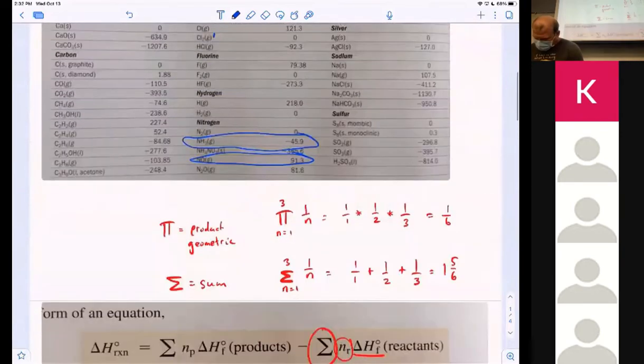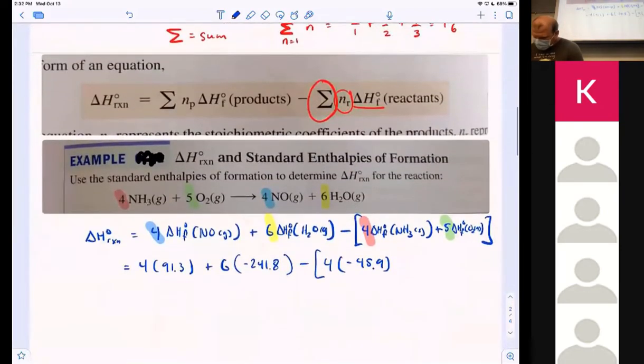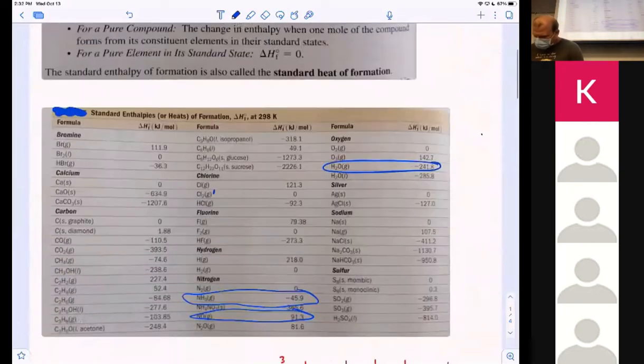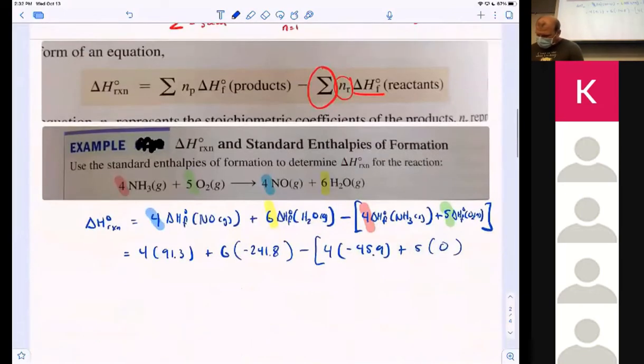I did that right? Yeah, minus 45.9. And then plus 5, and oxygen is going to be 0, because oxygen is an element, so that one's 0. So now you just plug this in. And where is this?